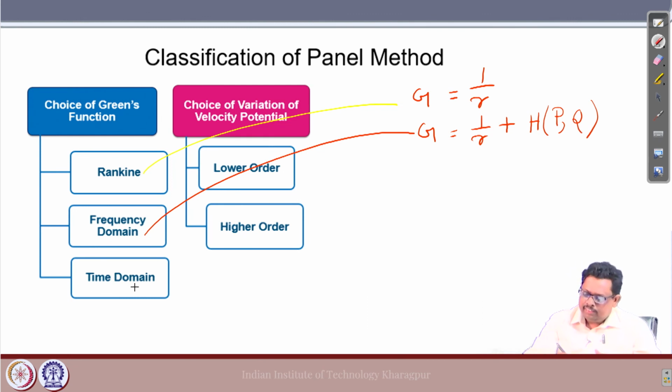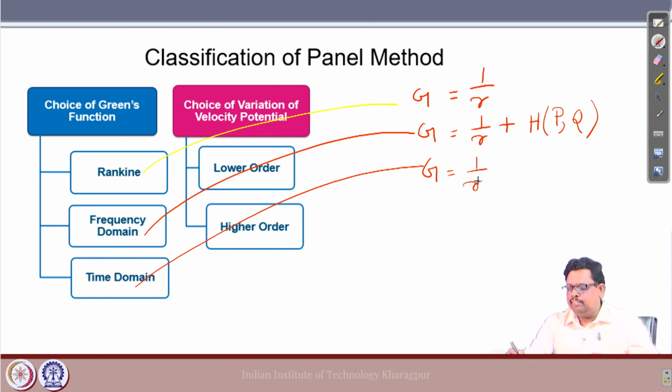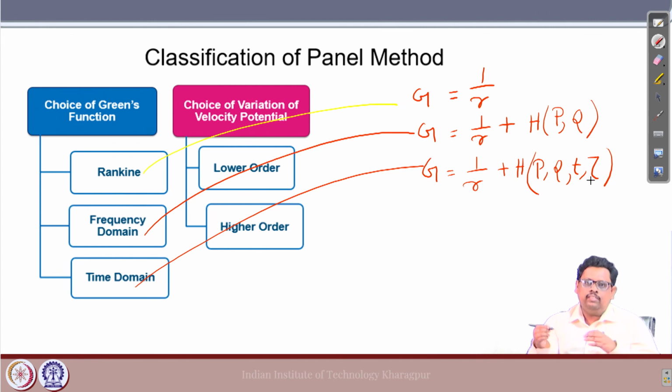And if you talk about the time domain, then the Green's function can be taken as this Rankine part plus another function. Now, we can assume this second function is harmonic, in that case it is harmonic. Now, it is P Q and it also takes some parameters T and tau. What these parameters P Q T tau are, we are definitely going to discuss when we discuss the time domain panel method.